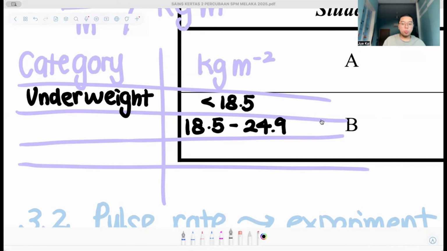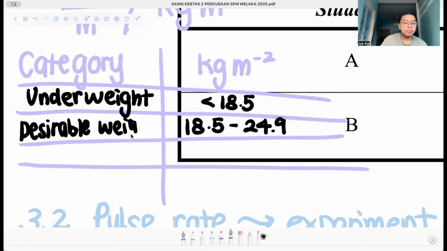Okay, desirable weight, or known as normal lah. But in exam, write desirable. Okay, desirable weight.